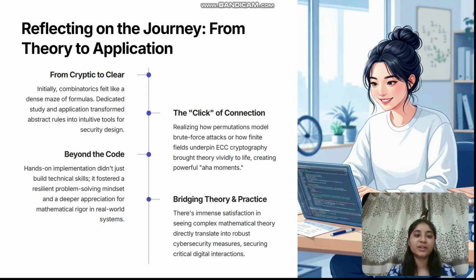Reflecting on my learning journey. I am particularly grateful for how the article helped me visualize combinatorics in action. Before reading it, I had a basic understanding of how encryption worked, but the article showed me the deeper role of combinatorics in generating secure systems. The hands on experiences in the course were crucial in applying what I learned from the article.